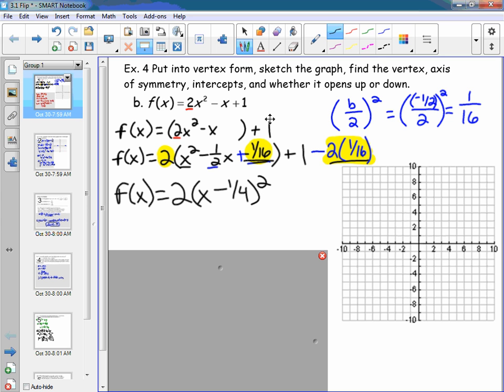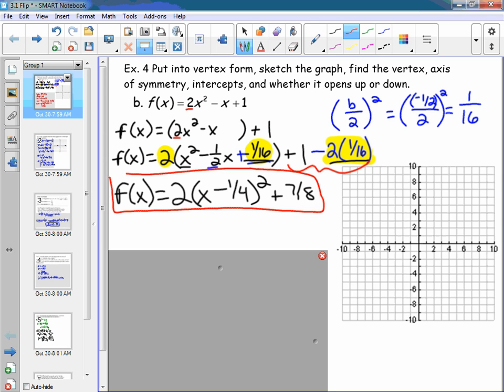And then if we simplify everything that we have out here, 1 minus 2 times 1 over 16 is going to give us 7/8. So we will have plus 7 over 8. All right, so not the friendliest of values in this particular example. So that is our equation in vertex form. So we took care of that component of the problem.